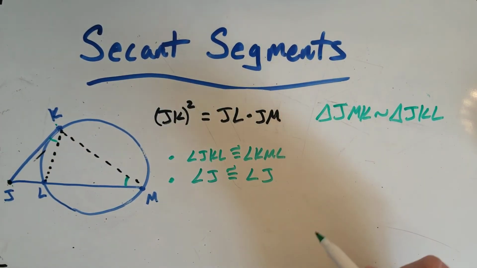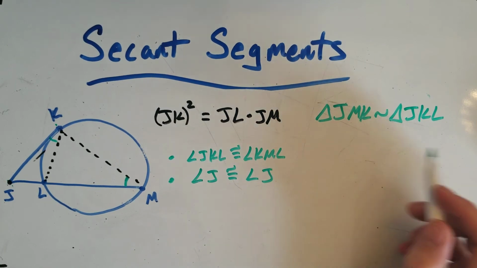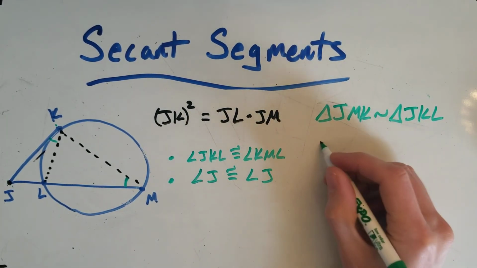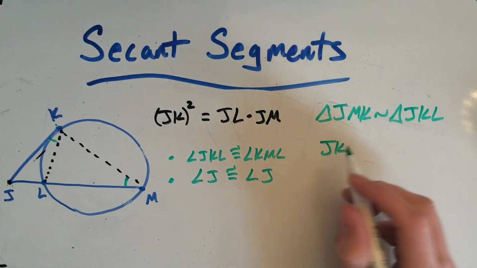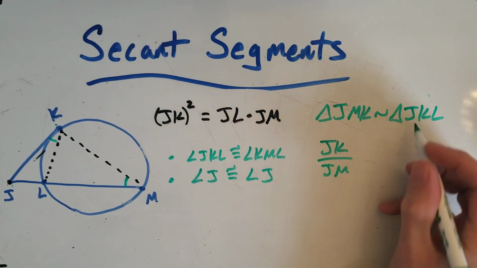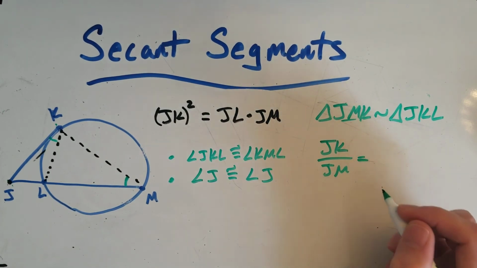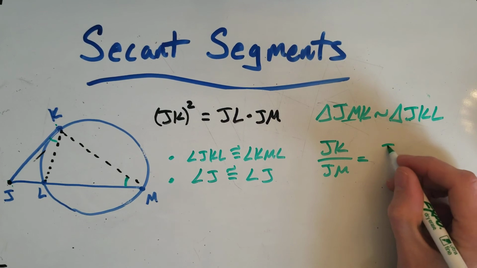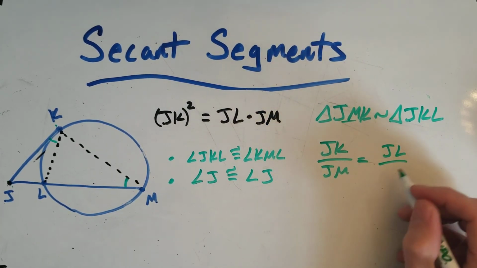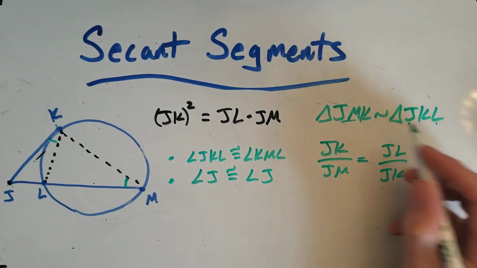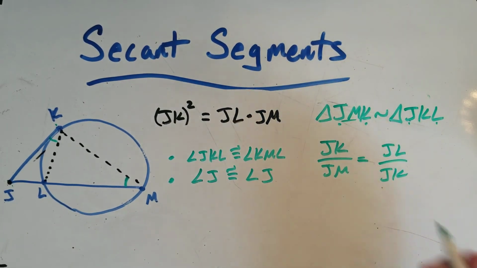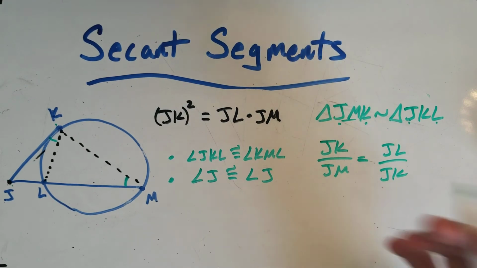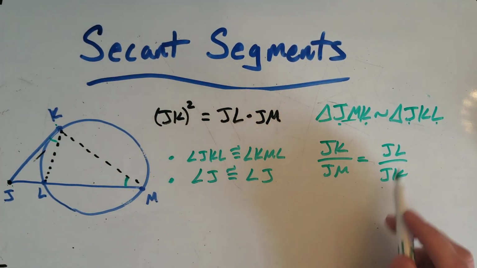That's through angle-angle similarity. And then from there, you can go ahead and make a little ratio of your corresponding sides. So JK to JM is going to be equal to the ratio of JL to JK. And this relationship is true because in your similar triangles, the ratios of corresponding sides will be equal to one another.